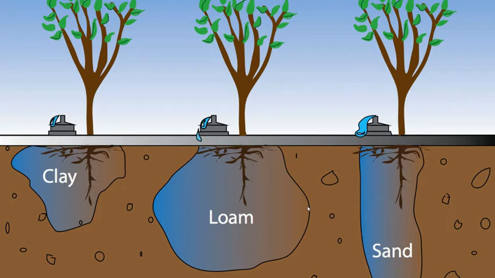But water in sand will tend to go very deep, but not very wide. So loamy soil, which combines clay and sand, the water will go not quite as deep as sand, but deeper than clay. It'll be wider than the sand, but maybe not wider than the clay, maybe a little bit wider than the clay. So we like having this mixture of clay and sand, which we're going to call loam.